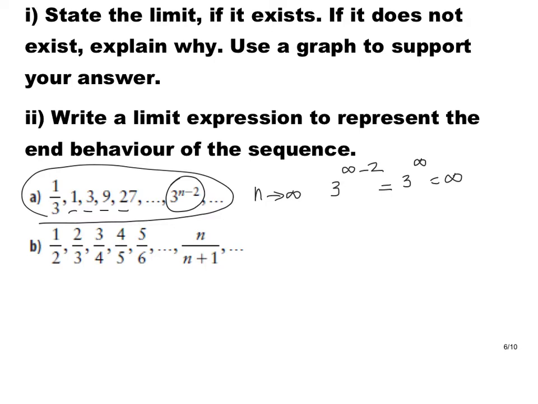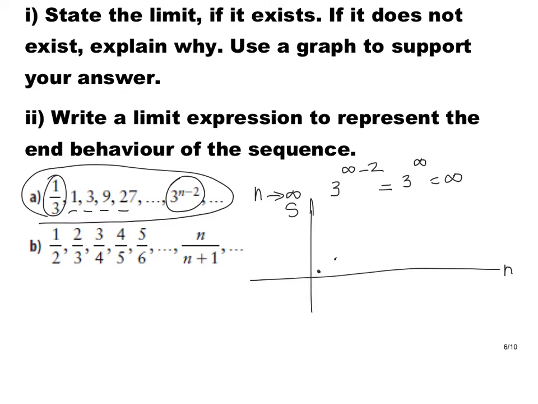So this means that this series does not have any limit here. And we can plot this one. This one is n, and this is the value of the series. We can see that the first term is 1 over 3, very, very close to the n axis. Then the next one is 1, which is term 2.